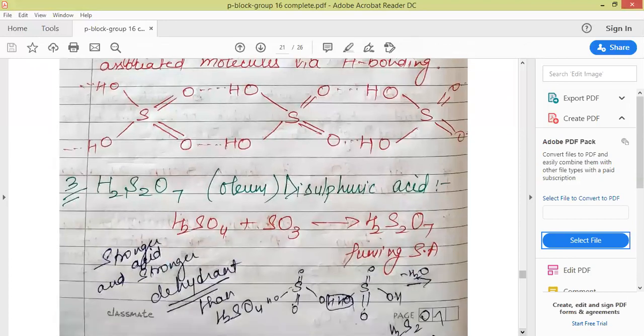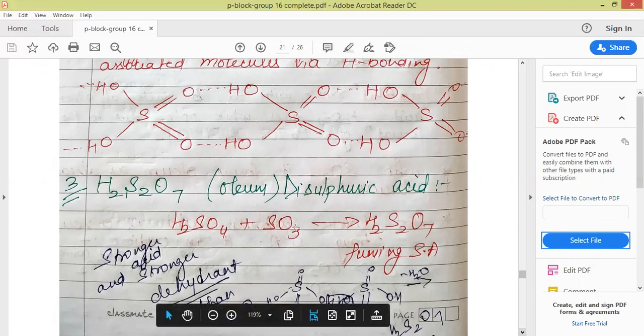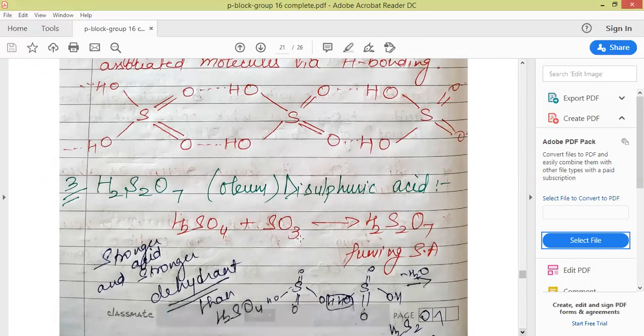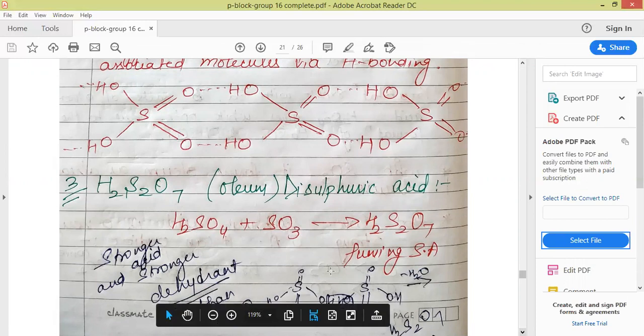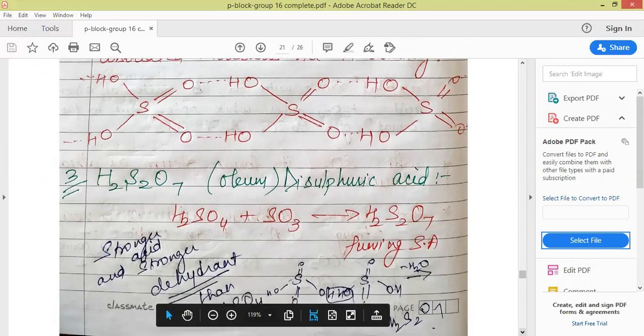Next acid to be discussed is disulfuric acid, or we can say pyrosulfuric acid, or oleum, H2S2O7. Preparation we have already discussed: when H2SO4 is reacted with sulfur trioxide, it gives us oleum. It is a stronger acid and stronger dehydrating agent than H2SO4.